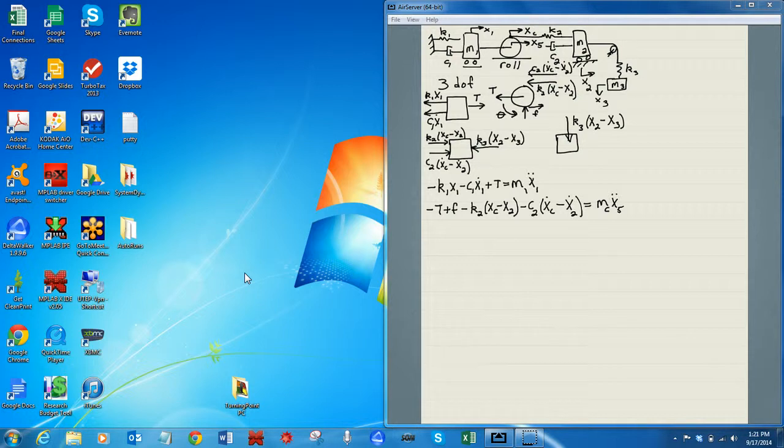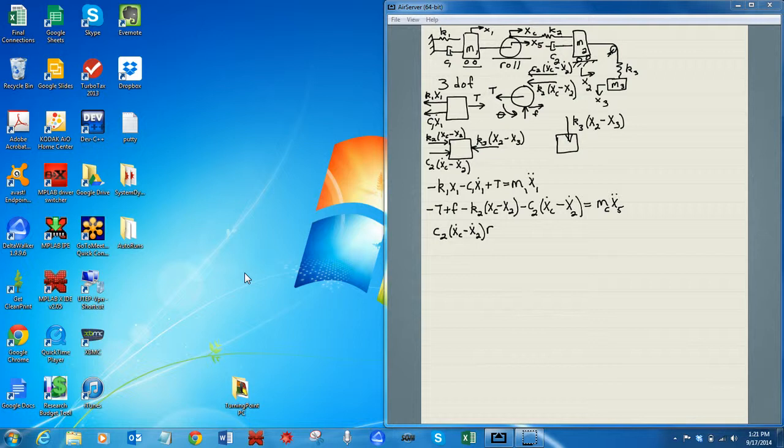If I sum moments, then I have C2 (xc dot minus x2 dot) times the moment arm. The moment arm is 1 radius, and that force is producing a moment which is counterclockwise, which is positive. So that's a positive there.